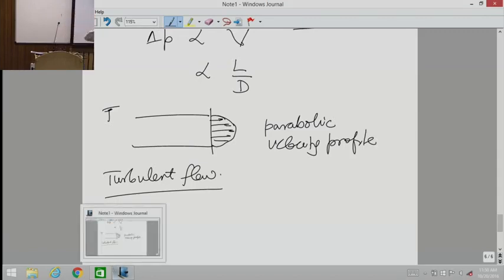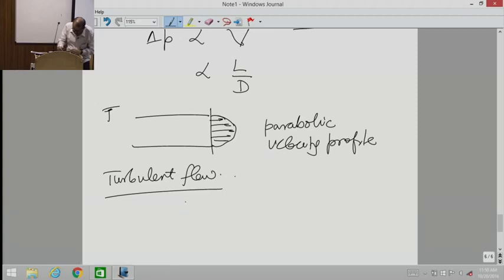In a turbulent flow, we know at each point the velocity is changing with time rapidly. So we talk of an average velocity, which is basically at each point, if you take the data at 500 time steps and you average that. So this average velocity is different from the average velocity in a section of a pipe.